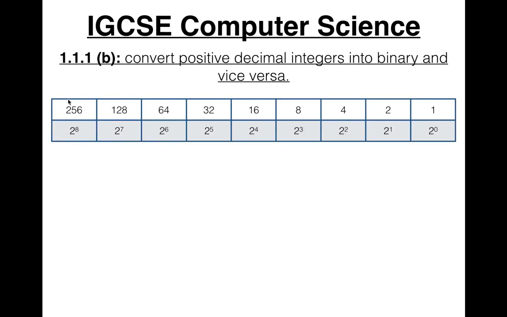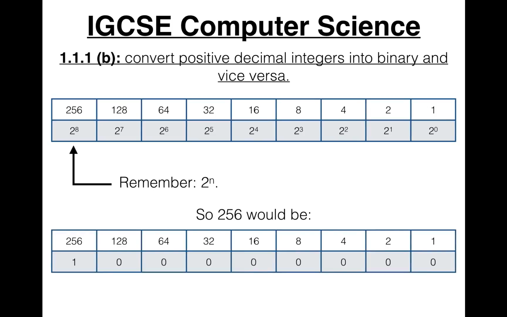So we'd look at this number here, and 256 would then be a 1 put under it, and the zeros are the rest. And you can represent higher numbers than only 255. So if you want to represent, say, 1,000, then you could keep adding to the left hand side 2 to the power of n, and that's it.